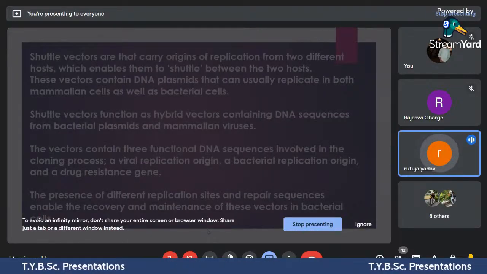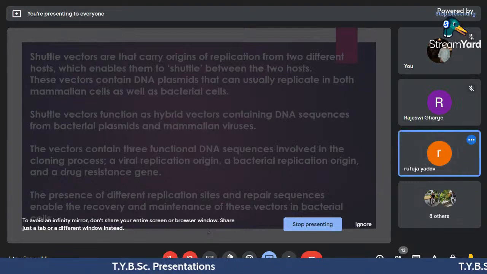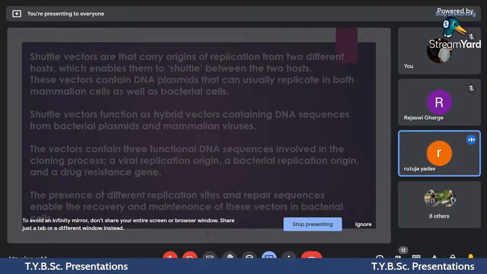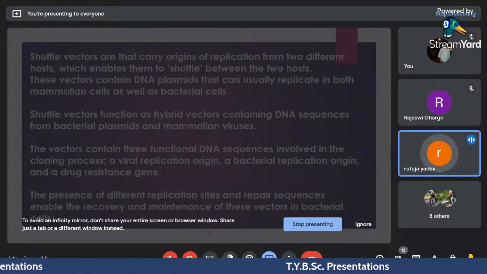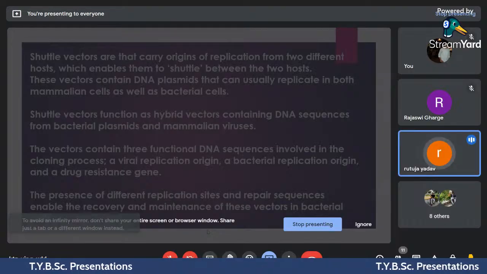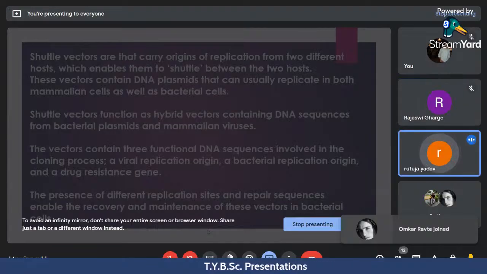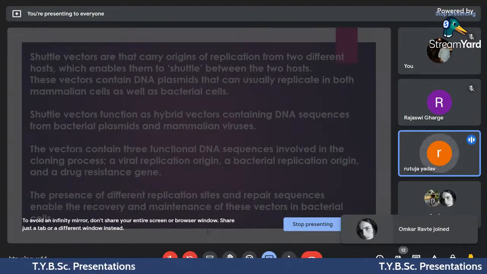Shuttle vectors carry origins of replication from two different hosts, which enables them to shuttle between the two hosts. These vectors contain DNA plasmids that can usually replicate in both mammalian cells as well as bacterial cells. Shuttle vectors function as hybrid vectors containing DNA sequences from bacterial plasmids and mammalian viruses.